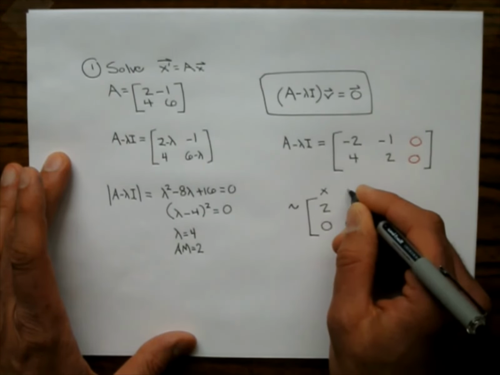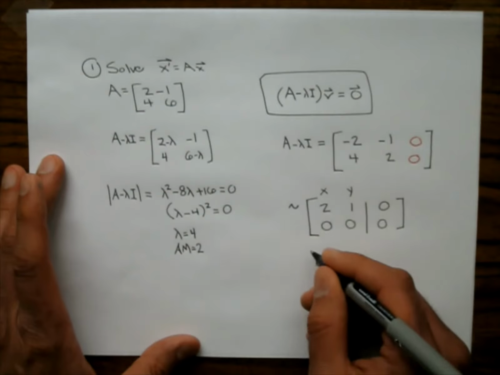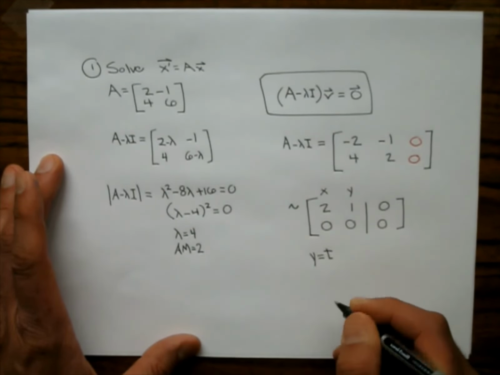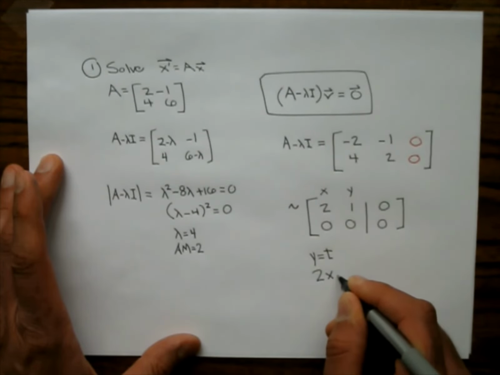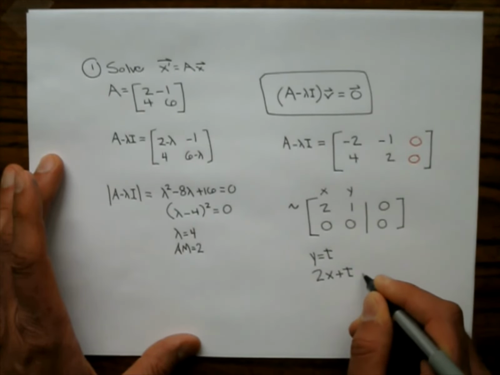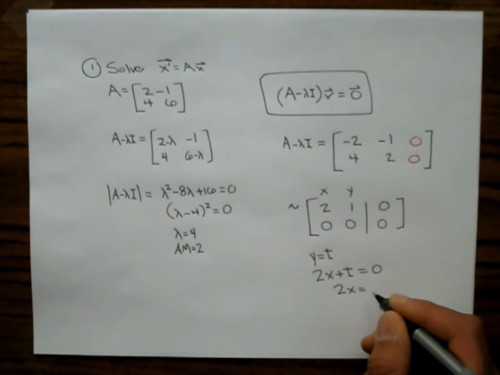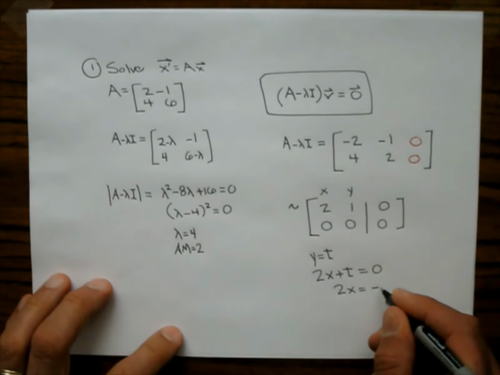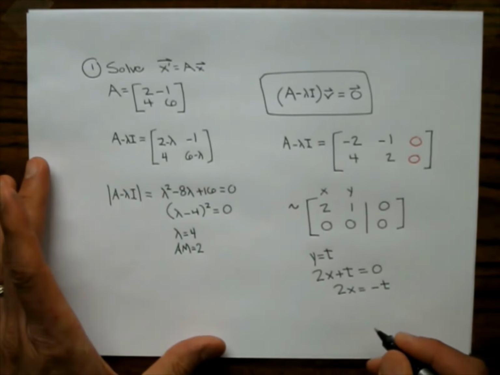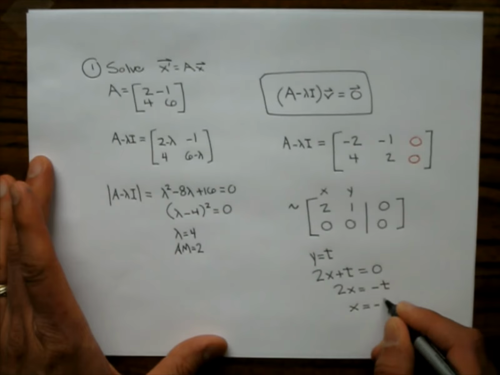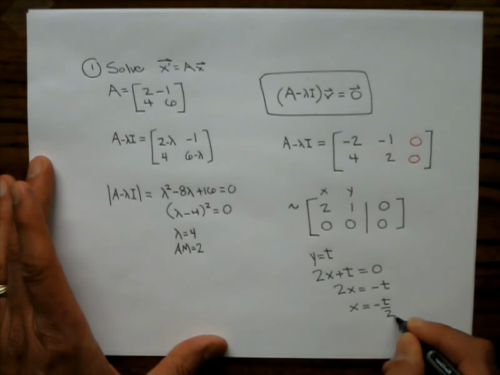Here's x, here's y. And so y equals t, 2x plus t equals 0, 2x equals negative t. And then we have x equals negative t over 2.